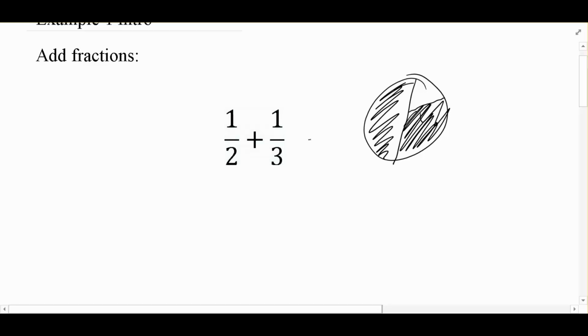So what we're going to do is something that's mathematically legal in order to make that happen. We're going to say, I want to multiply the bottom to make it bigger. So I'm cutting this into more pieces of pie to make it so that it has the same stuff that the other fraction has. The second fraction has a 3 in the denominator.